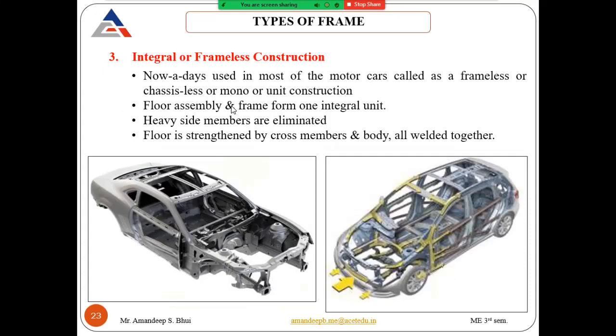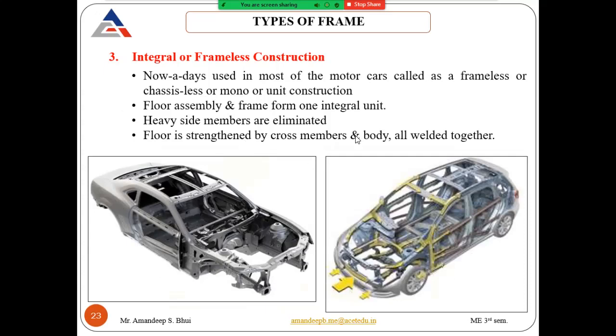And the third type is your unitary, also known as frameless, or the integral type of construction. So in this case, the body of the car is made in such a way that this body acts as the frame as well as the body of the automobile.